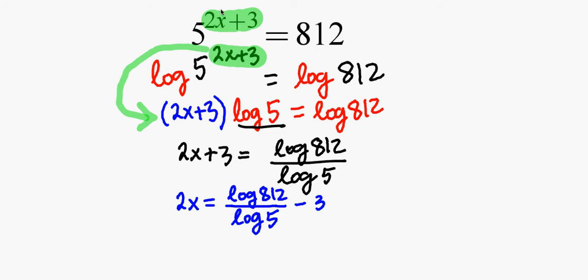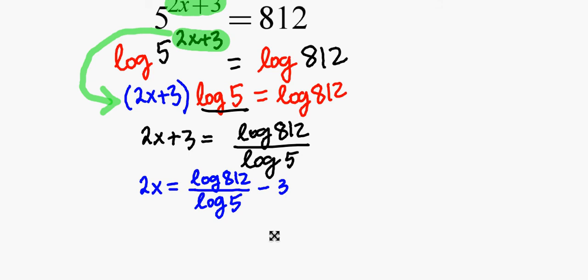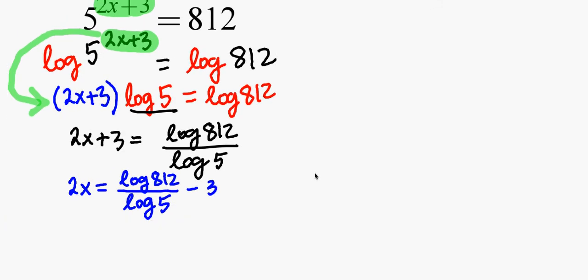And finally, I need to divide by 2 because I want x alone. I don't want anything else but x. So there are a few ways to do this, but what I will do is, so I need to get rid of 2, right? So if you divide something by 2, that's the same as multiplying everything by 1/2. So what I'm going to do is this.